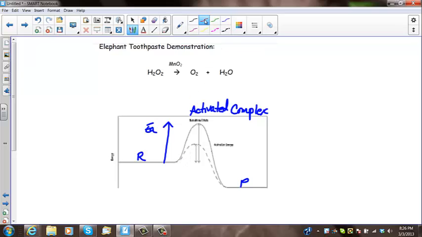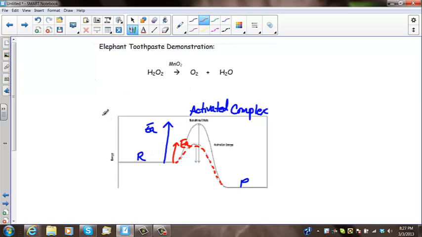If I put a catalyst in here, you can see that it lowers the activation energy, and now it takes less energy to reach the top of the activated complex. So this is the amount of activation energy without the catalyst. This right here is the activation energy with the catalyst.